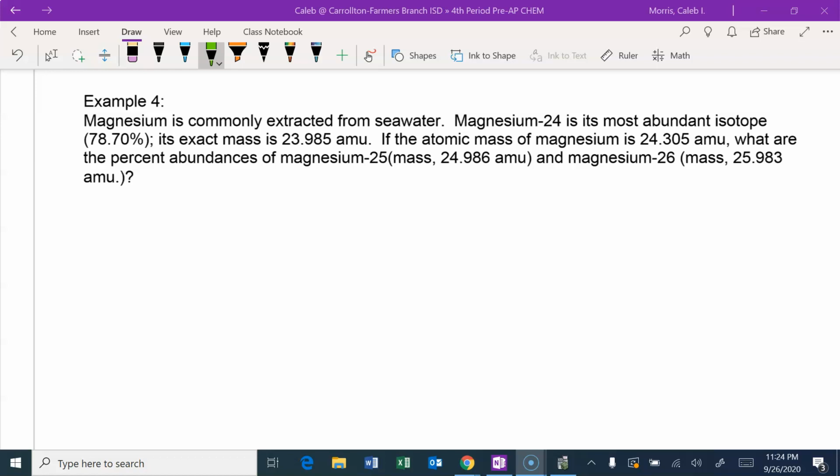As we read over it, it says magnesium 24 is its most abundant isotope, and it gives us this percent, which we didn't have in the other problem, and it gives us its exact mass. If the atomic mass of magnesium, so we have our atomic mass here, is 24.305 AMU, what are the percent abundances of magnesium 25?